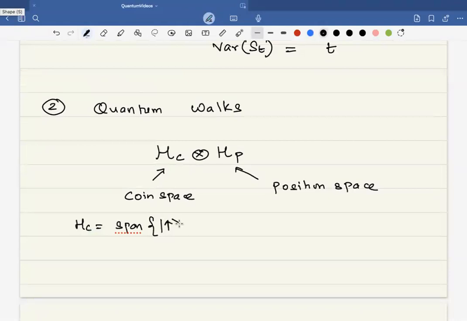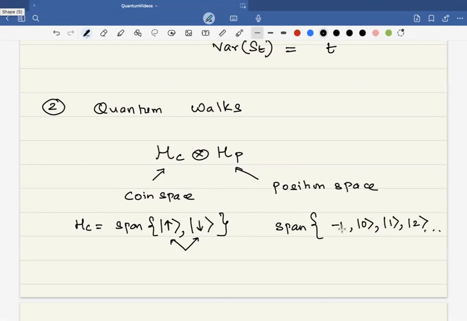We'll take these two as up and down. These are basically two orthonormal bases of a two-dimensional space. And the position space will be the span of the positions 0, 1, 2, and so on. So this will be an infinite dimensional space of positions.